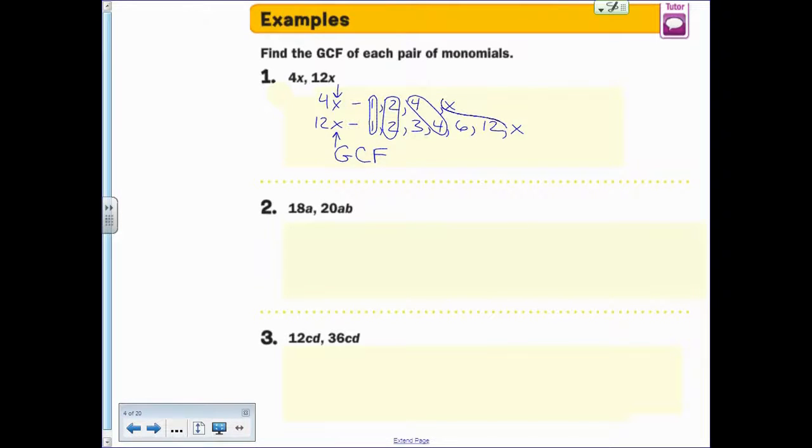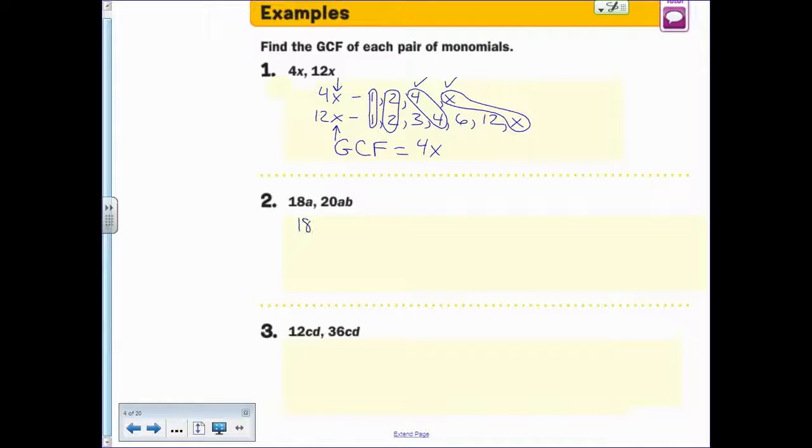And since we don't know what x equals, we actually have to include it with the 4. So it would actually be 4x. So the largest number and any variable that they have in common both have to be included in the greatest common factor.